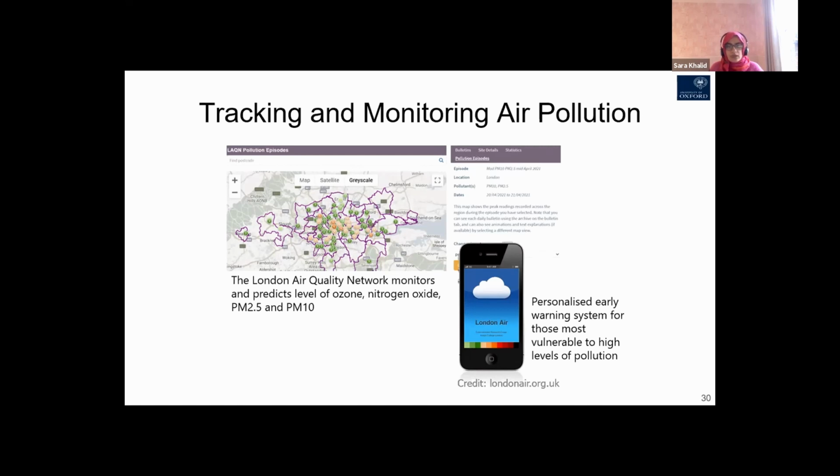And through machine learning models, tools have been developed that can communicate via wearable devices and act as personalized early warning systems for those suffering from chronic COPD or others vulnerable to high levels of pollution, like asthma patients.